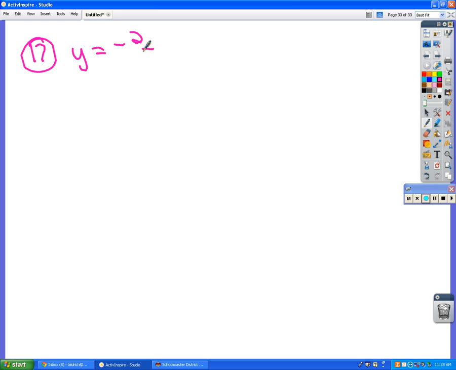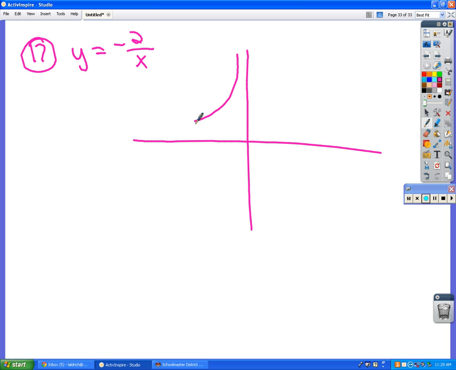Okay, so number 17, y equals -2 over x. We'll just make a little sketch. What's it look like? Top left, bottom right. Are we ever going to have to graph it with a sketch? No. Okay. Top left, bottom right. We have to do the domain and range on that one?